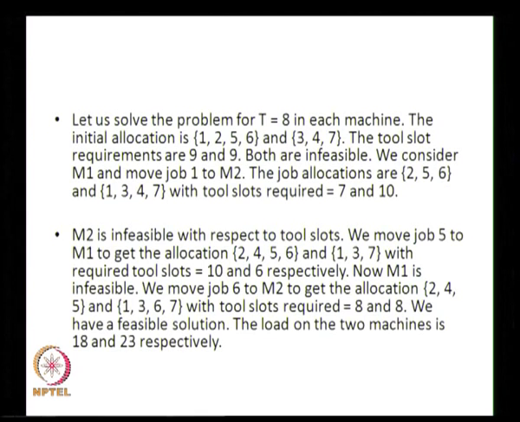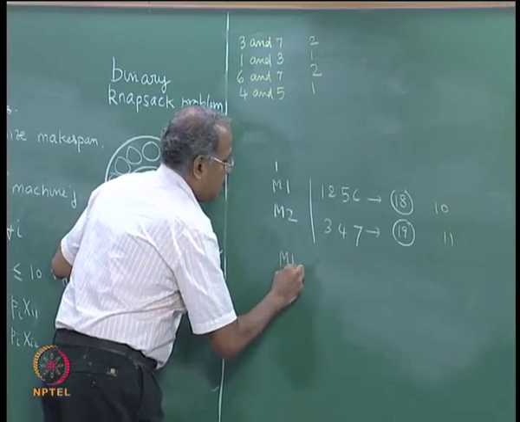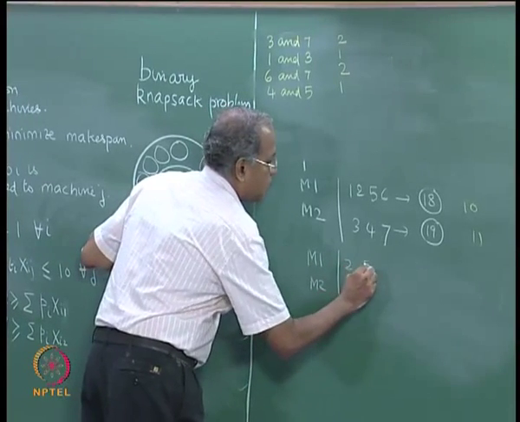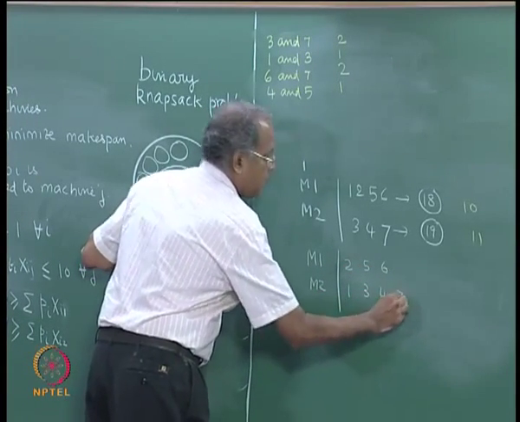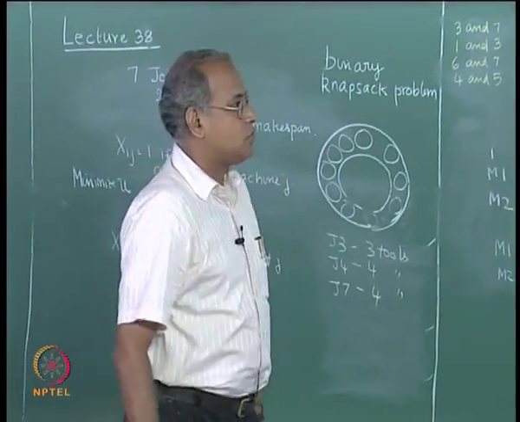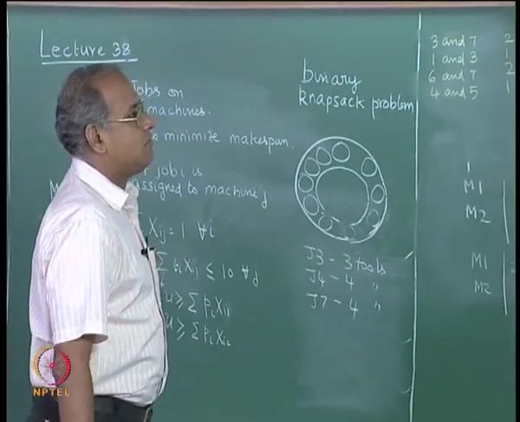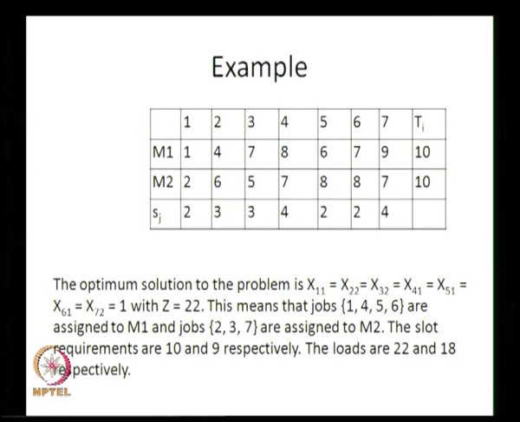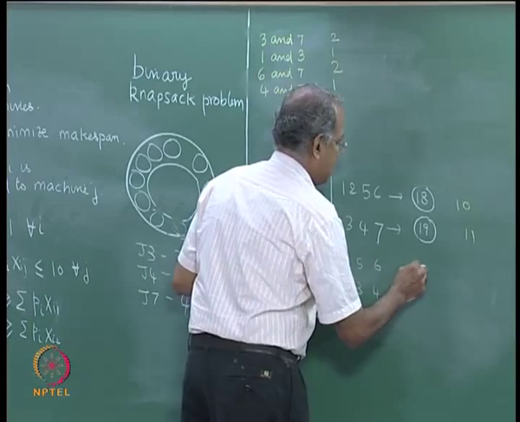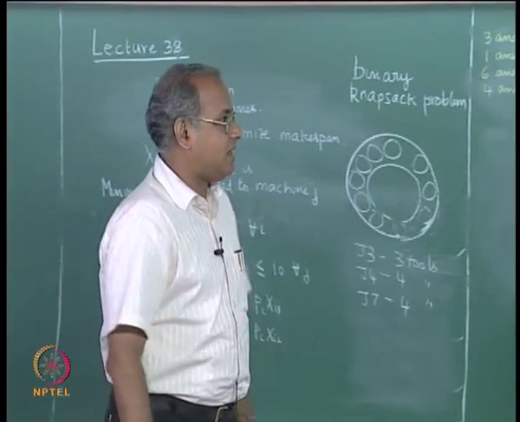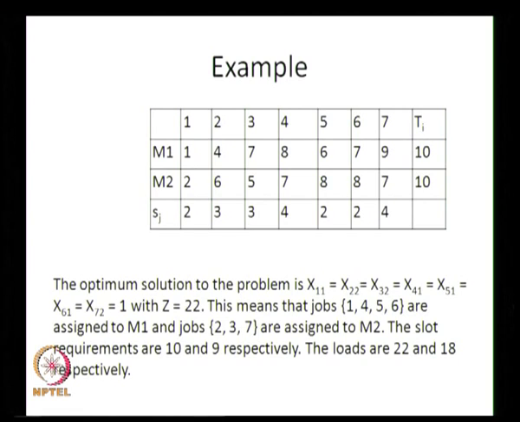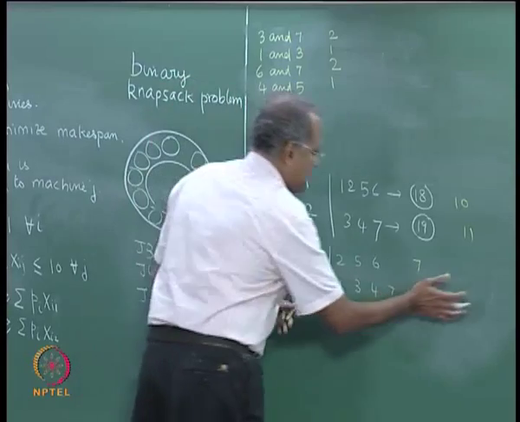When we move job 1 to M2, we get another solution with M1 having 2, 5, 6 and M2 having 1, 3, 4, 7. 2, 5 and 6 is 7 slots. 1, 3, 4 and 7 is 2 plus 3, 5, plus 4, 9, plus 4, 13 here, but 3 and 7 gives us 2, 1 and 3 gives us 1, so this becomes 10.